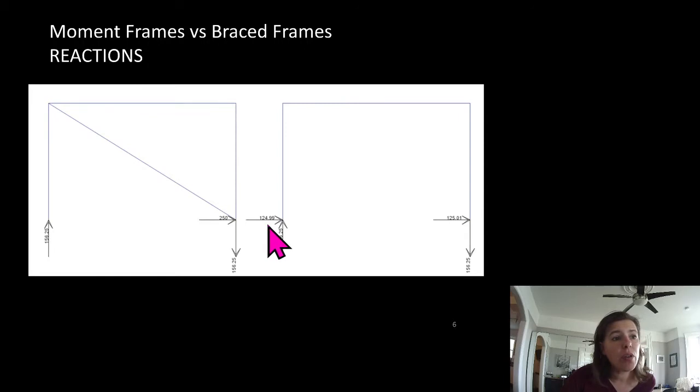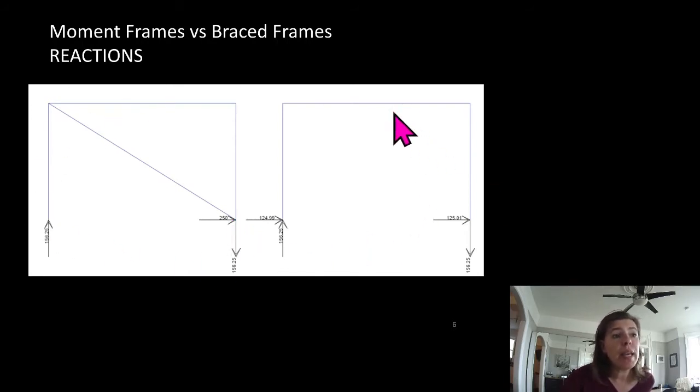And we got 125 kilonewtons and 125 kilonewtons. So it seems like our beginning assumption was correct. In the braced frame, the only way we could get a reaction down here was through this braced frame member. So all of that shear, all of that lateral load came out as 250 kilonewtons at the base.